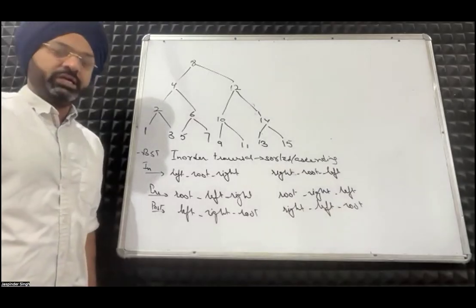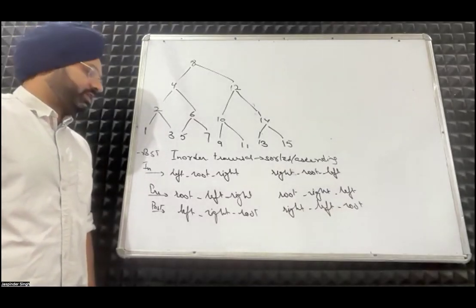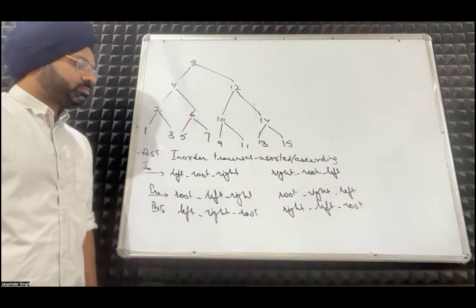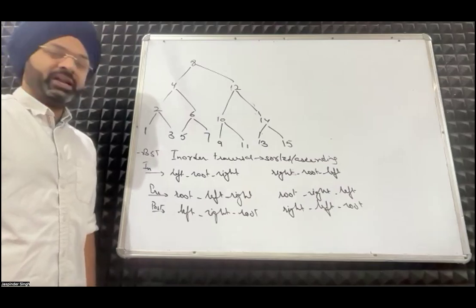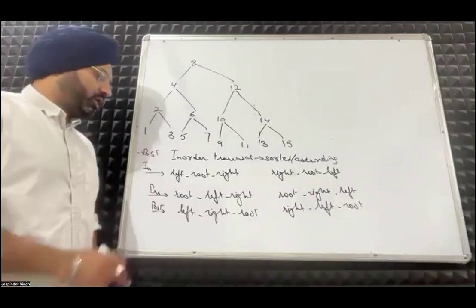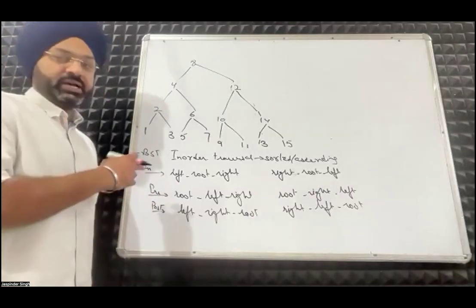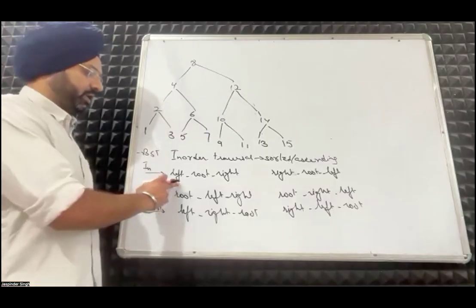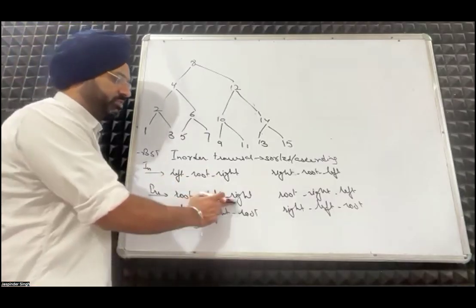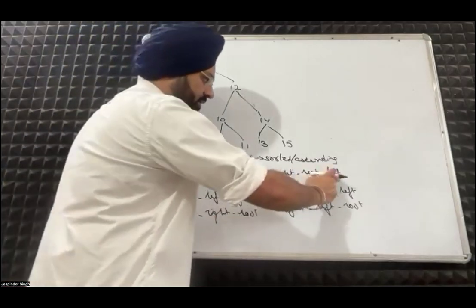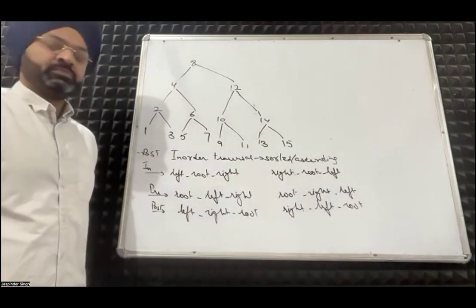The position of the root determines whether it is in-order, pre-order, or post-order traversal. But whenever we are given an in-order, pre-order, or post-order traversal, by default, left comes before right, not the other way around, where right comes before left.